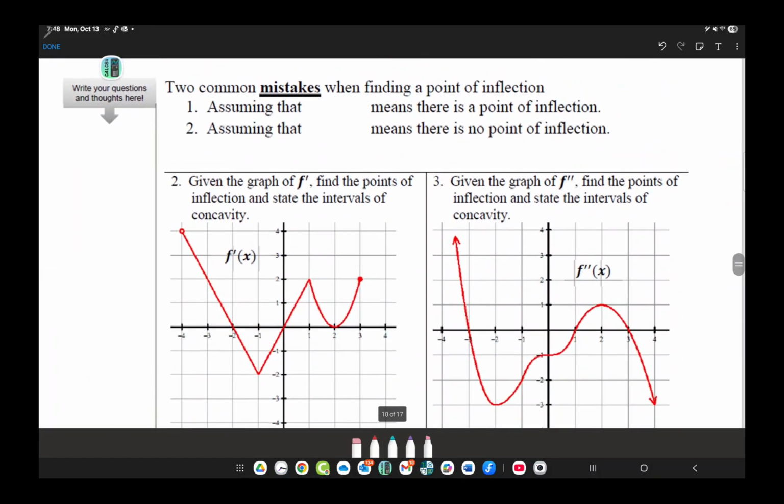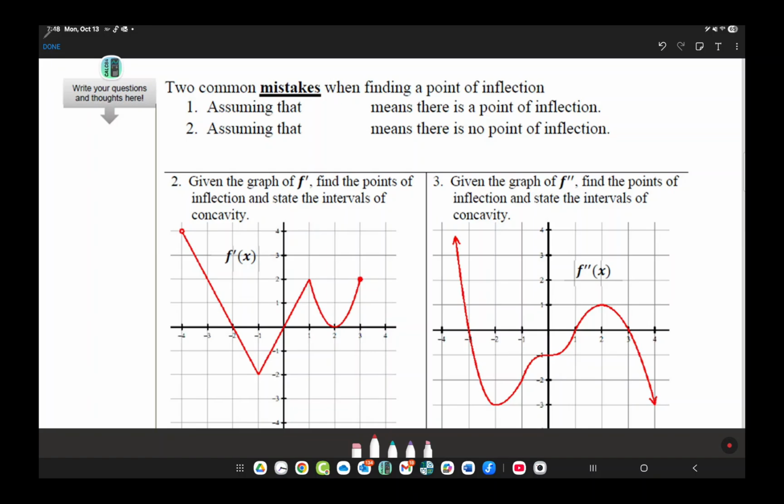Last page. Now, even though I did show you a function where f of c did not exist, like at 0, there are some mistakes people make when finding points of inflection.